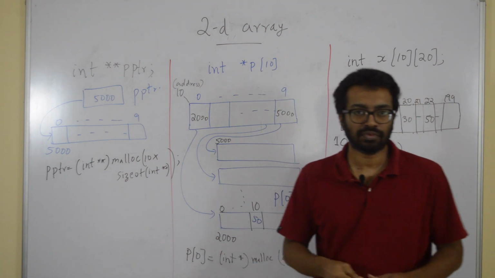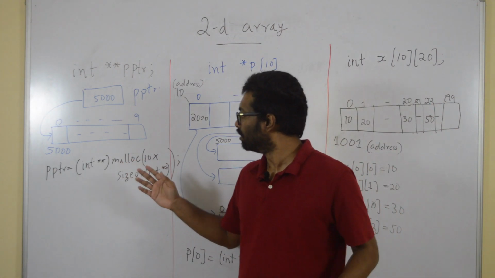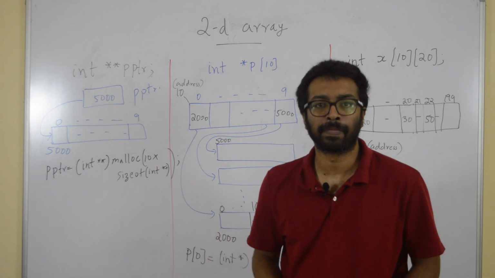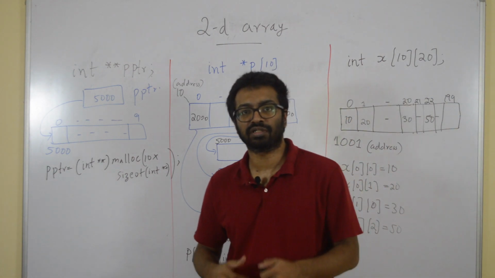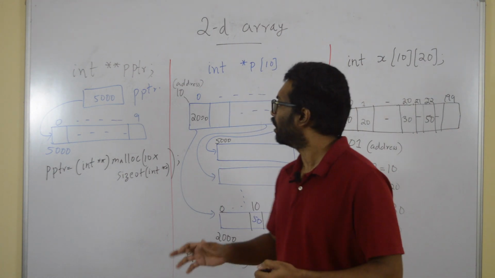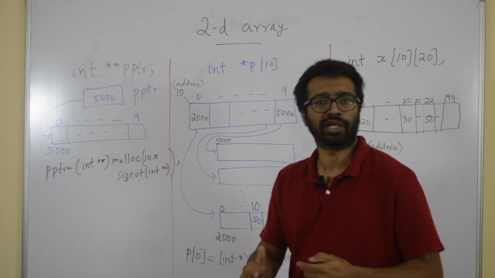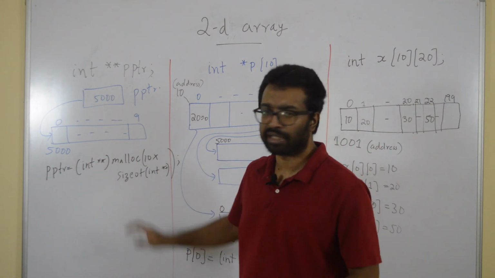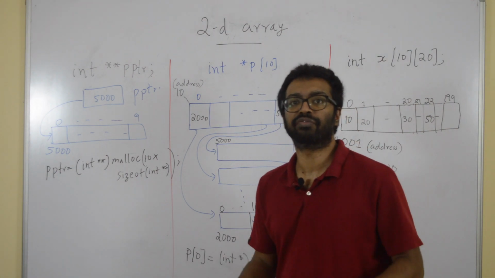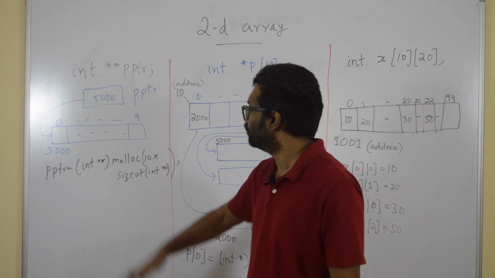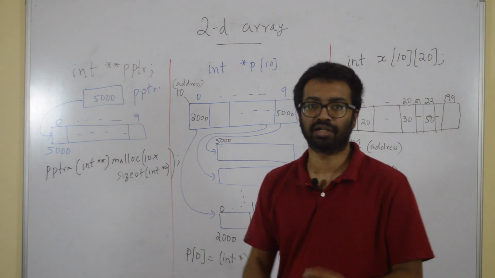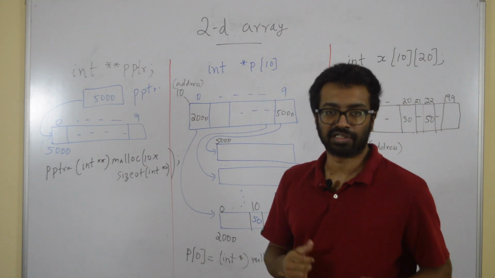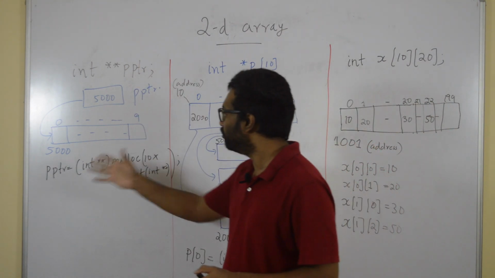So we are calling the malloc function and asking it to return a block of memory to store 10 pointer values. Then we get back a void star pointer, which is typecast into the type of pptr, an int double star. Right. So that will give me this memory.